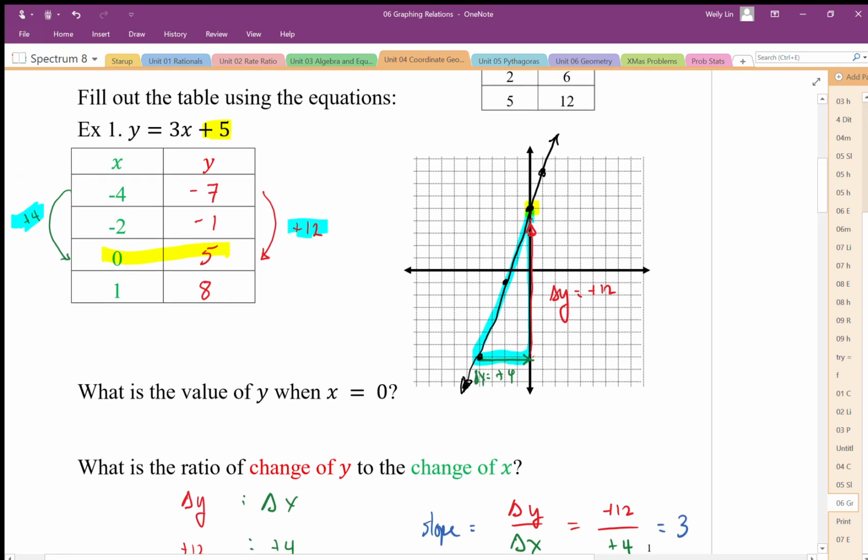But notice that that 3 also shows up as a multiplier in the equation. And it's not by coincidence. These things are connected. So we can see the two parts that matter, position and angle or slope, in the equation form, in the table form, in the graph form, as that y-intercept and a slope triangle.